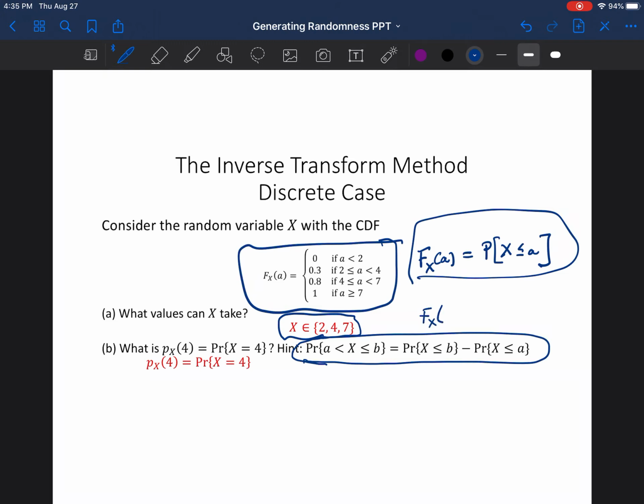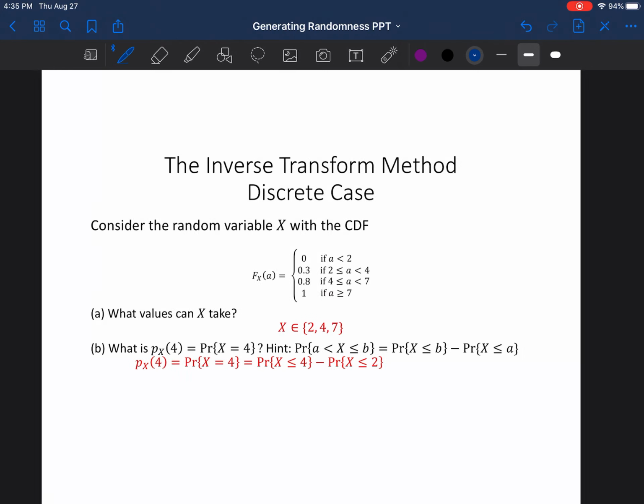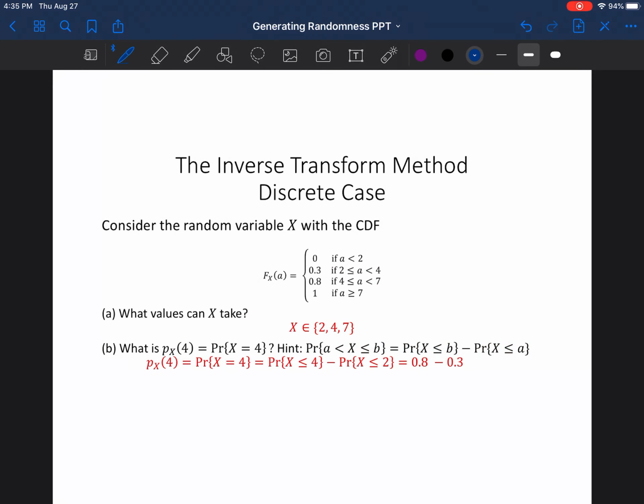That's equal to F_X(b) minus F_X(a). So P_X(4), the probability that X equals 4, is the probability that X is less than or equal to 4 minus the probability that X is less than or equal to 2, which is equal to 0.8 minus 0.3, which is equal to 0.5.